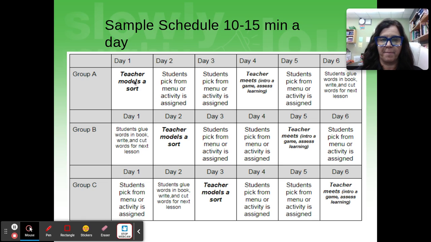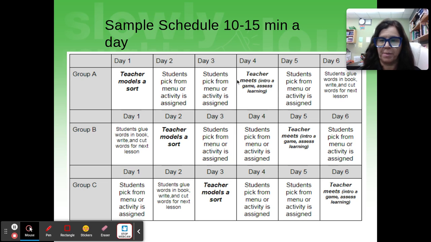And then on day 2, the kids would pick a sort from the document that you just made in the last activity that you just did in this PD, right? You made that schedule. Hopefully the first one was a written sort. So on day 2, Group A is doing a written sort, and you're meeting with Group B. And then on day 3, you are meeting with Group C. Group B is doing a written sort.